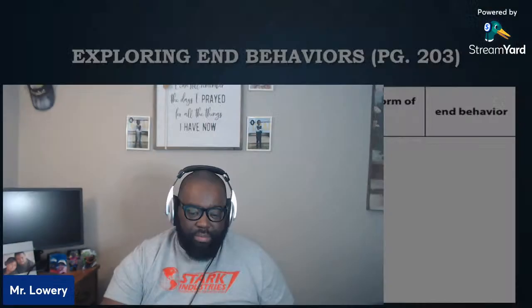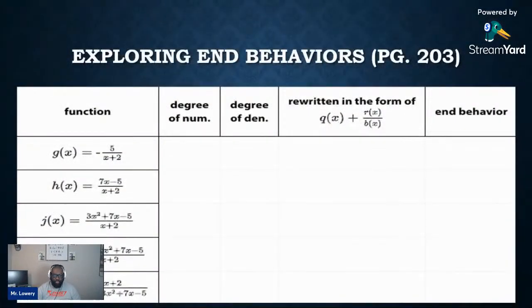But what ended up happening is the majority of students used what's called the box method, the area method, to be able to do the division. And so I want to go through just a couple of these examples to help you fill out your takeaway problem for this particular lesson. The page or chart that's our main focus, you'll be able to find on page 203 of your workbook.